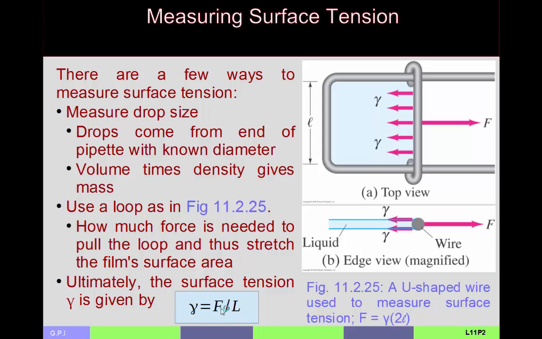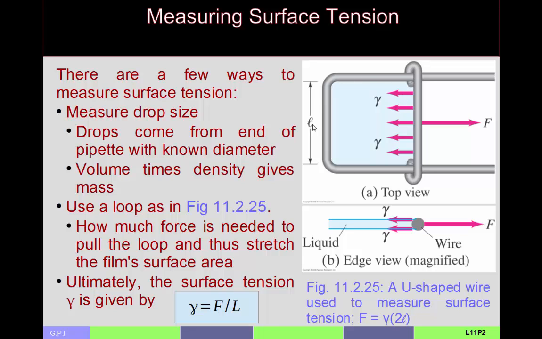And so the surface tension is the ratio of those two. Basically, you can do something like counting how many drops out of the end of the pipette it takes before you have filled up a graduated cylinder, for example. So how many drops is in 100 milliliters, and that tells you what the volume of a drop is, and if you know what the density is, then you've got the weight.